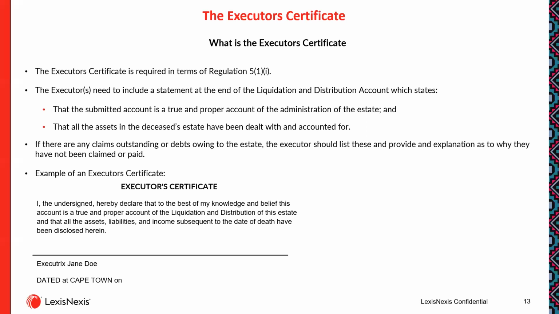So here's just an example of an executor certificate. Basically it just repeats those statements, and it gets signed and dated, and then the document gets submitted to the master's office.